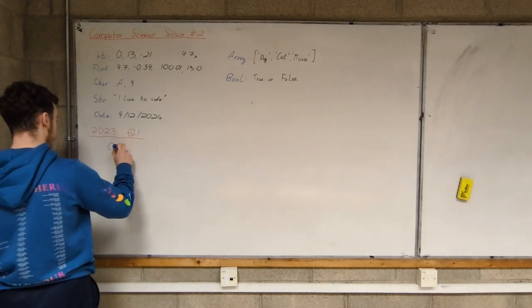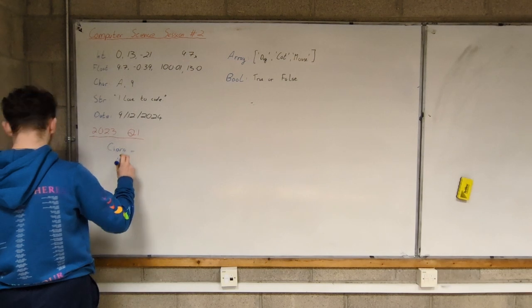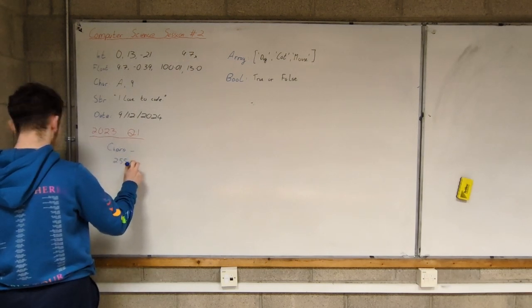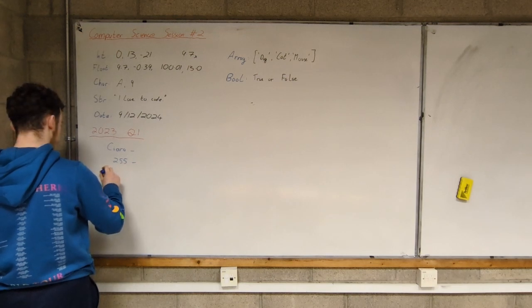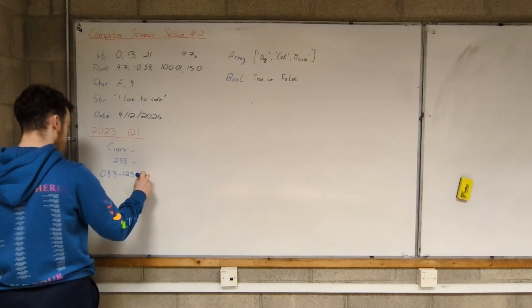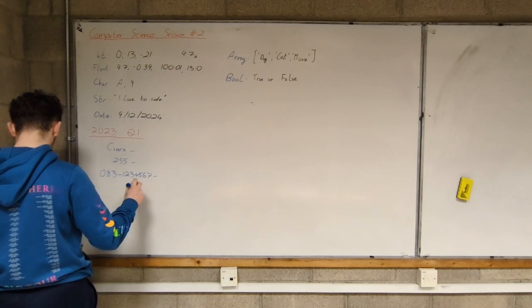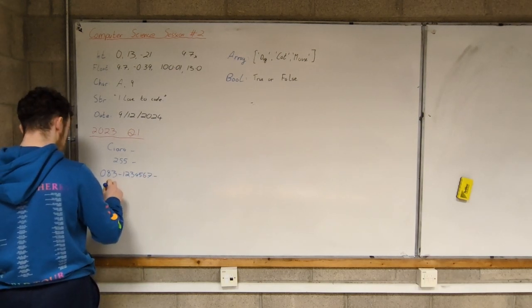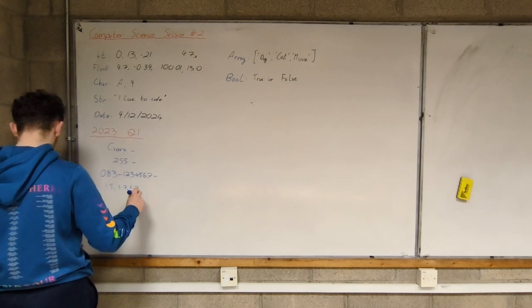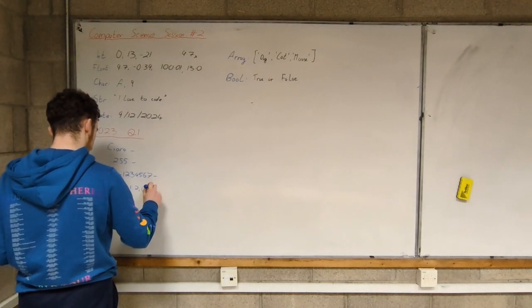So first of all, we have Kira, and we have 255, and we have 083 1 2 3 4 5 6 7, and 1.5, 7.1.2, 0.9, and 1.3.